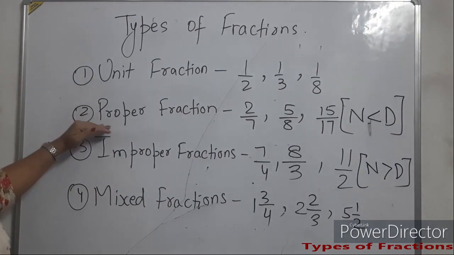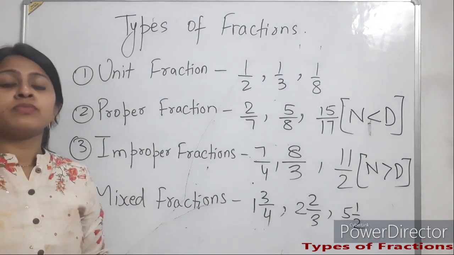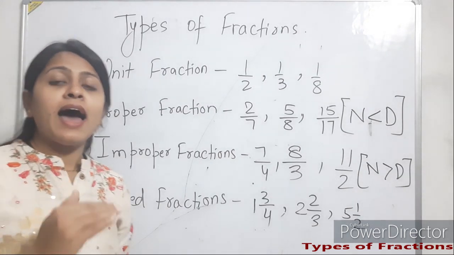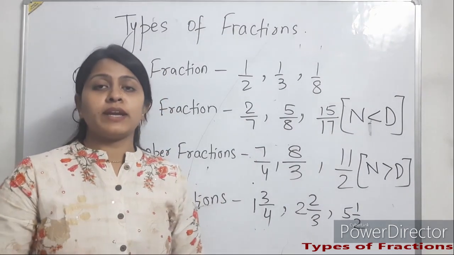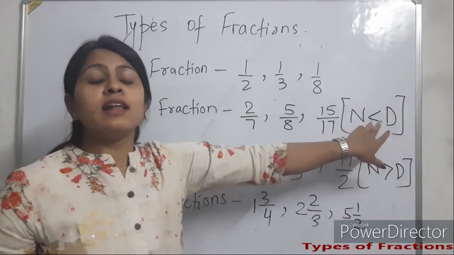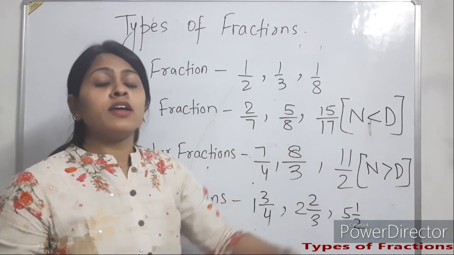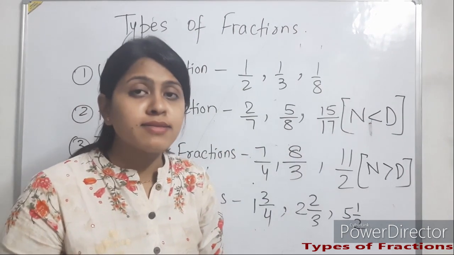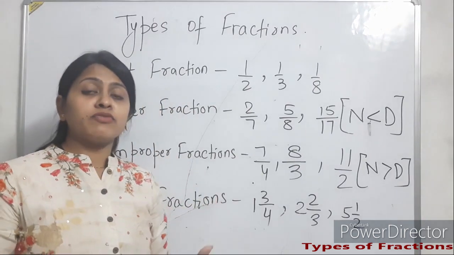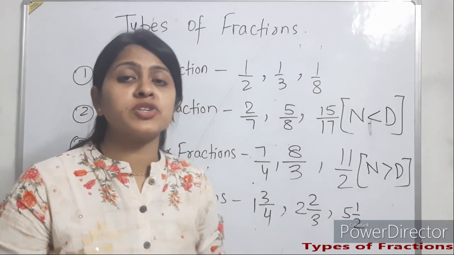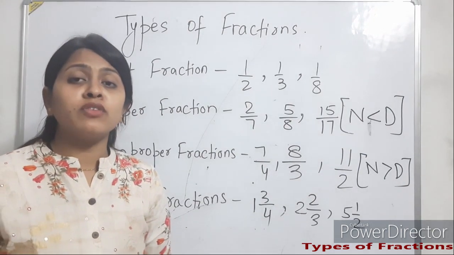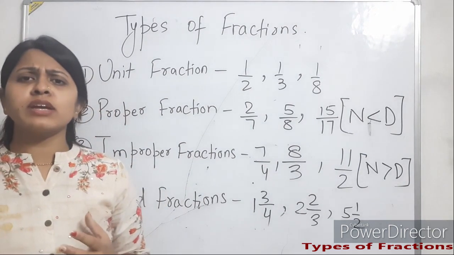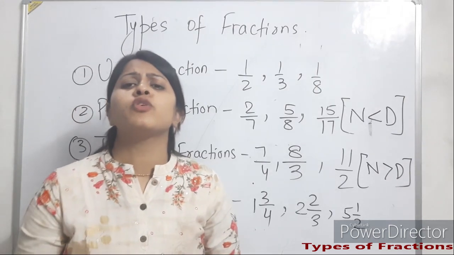Now, second is proper fraction. The fraction having the numerator less than the denominator. If your numerator is less than the denominator, that fraction is a proper fraction. Let's assume numbers like 5 by 7, 4 by 36.